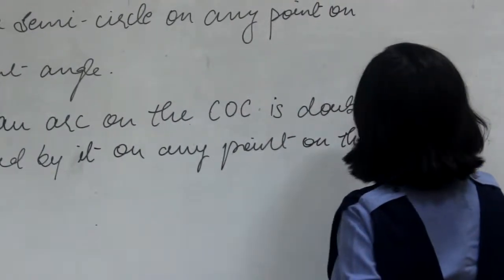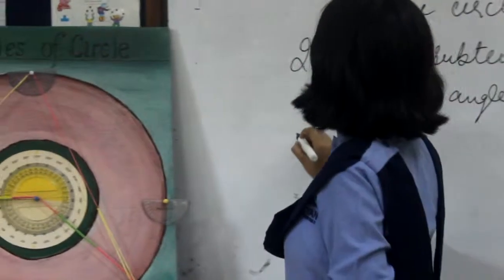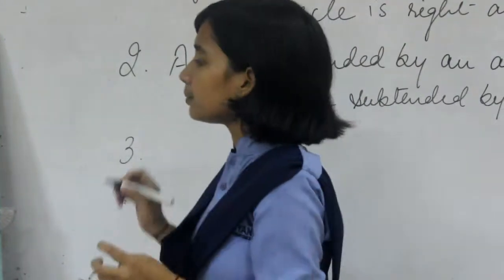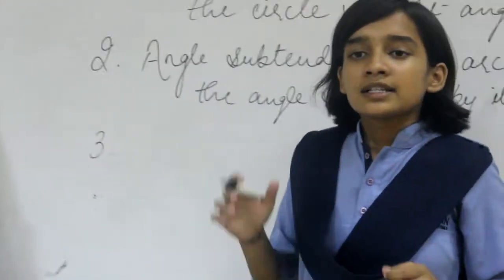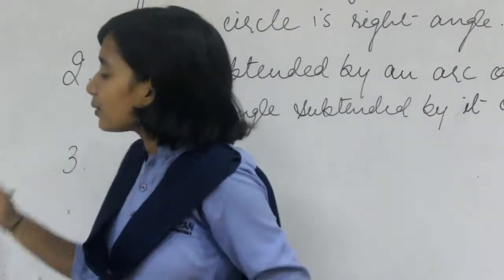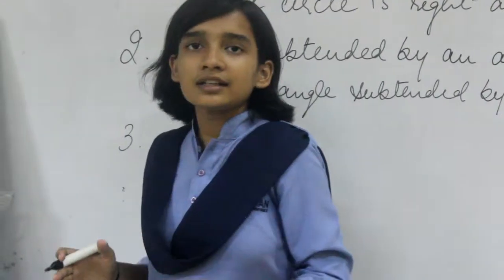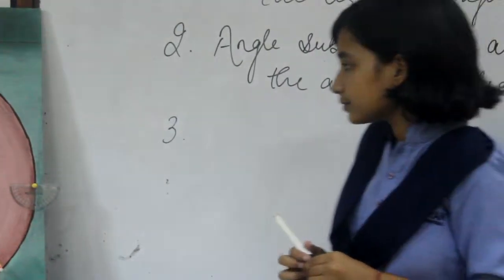Now, the third property that we have is the equal angles subtended by the arcs on the center of the circle. Sorry. The equal angles subtended on the center of the circle subtend equal arc length or segment.